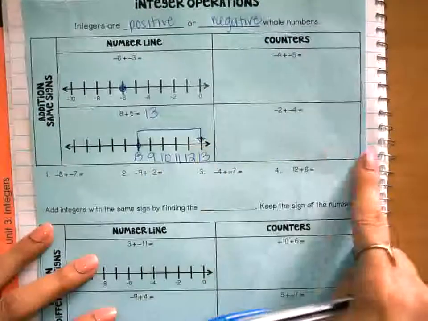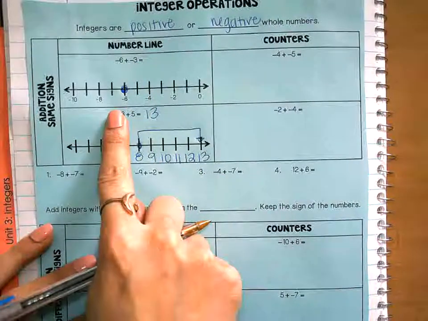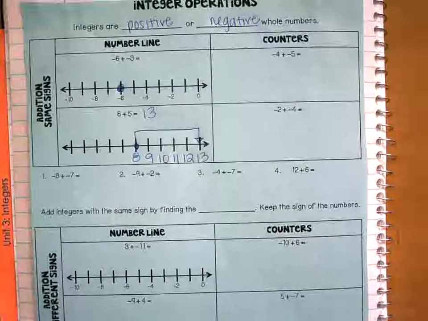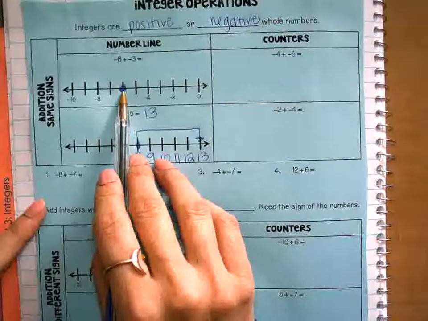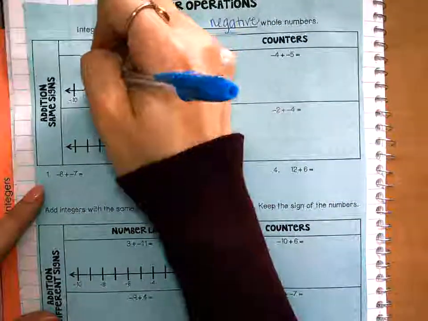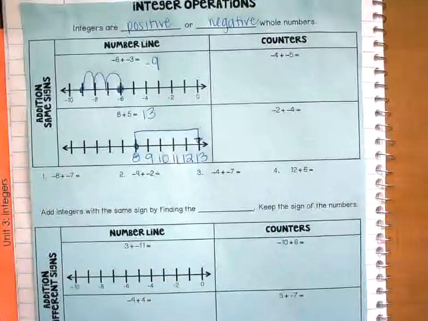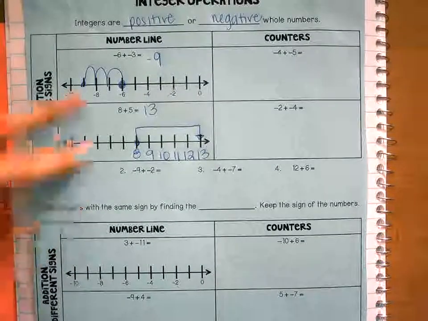We went to the right, right? But I want to add a negative, so I'm adding to the left. You're adding the opposite because you're adding a negative. Negatives go to the opposite. So I want to add a negative 3, which means what will I get to? Negative 9.